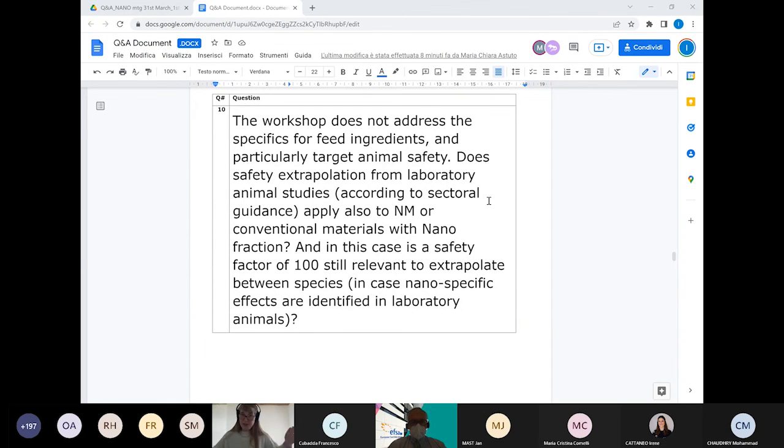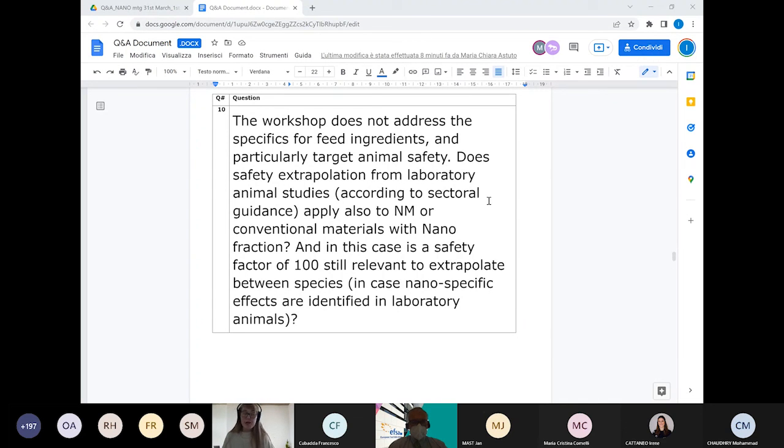And those both 10s consist of factors for toxicodynamic and toxicokinetic. And depending on whether we have more data on the mode of action, mechanism of action, on toxicokinetic, we can modify this factor so that it can be smaller.